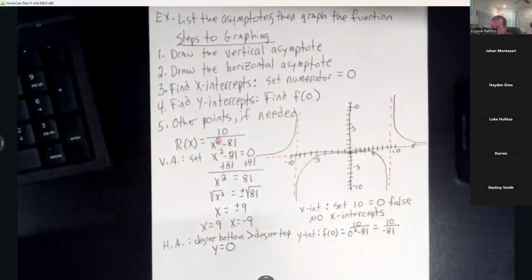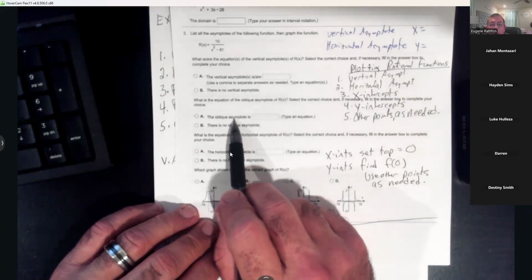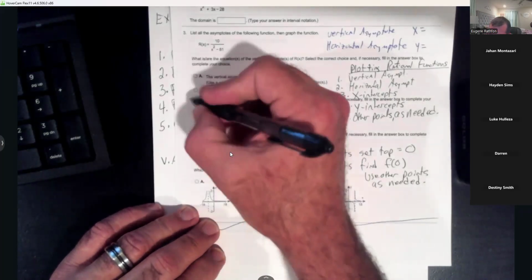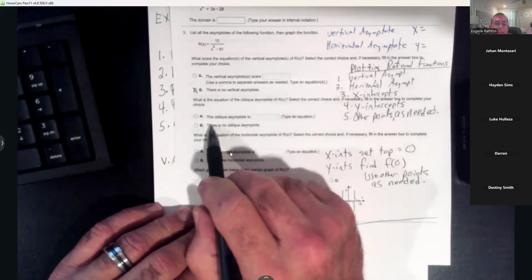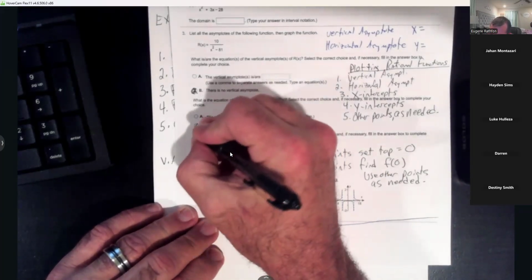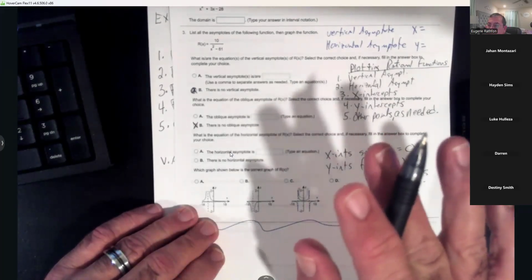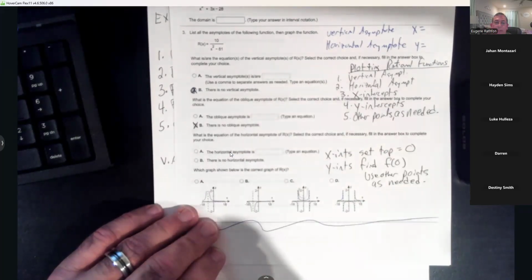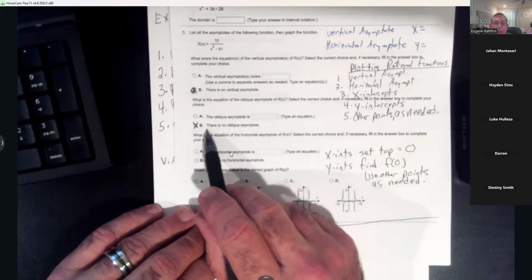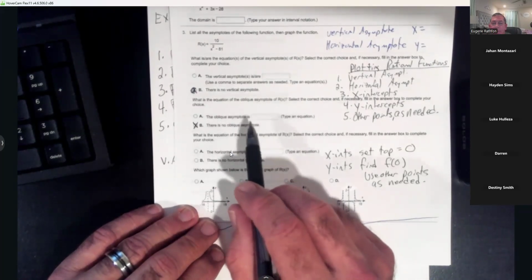Now, let me show you something. Right here, it says the oblique asymptote. For the oblique, you're going to check B, because we're not doing oblique asymptotes, okay? So always choose B. There is no oblique when you get to that question asking for that.